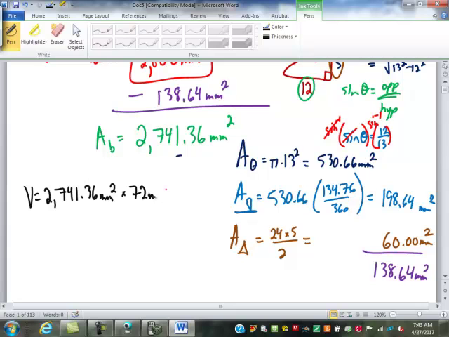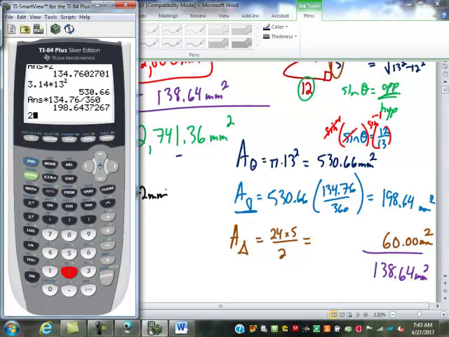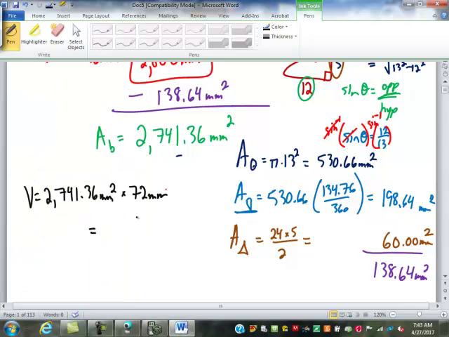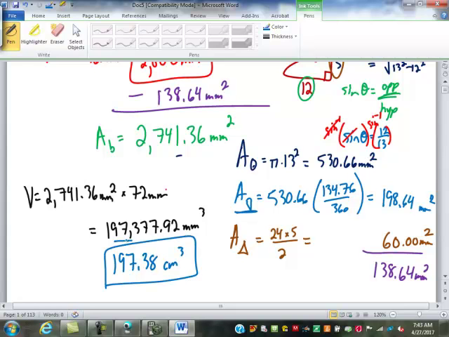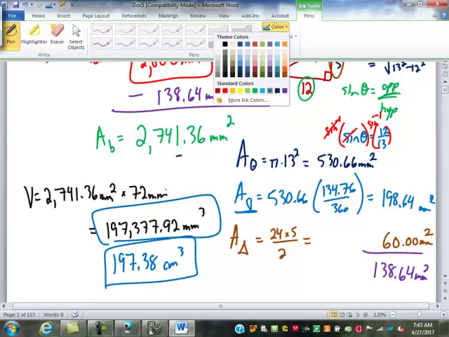Times 72 millimeters. 2741.36 times 72. So 197,377.92 millimeters cubed. Change it to centimeters cubed. 197.38 centimeters cubed if you wanted to make a change. Either one of those answers would be acceptable.